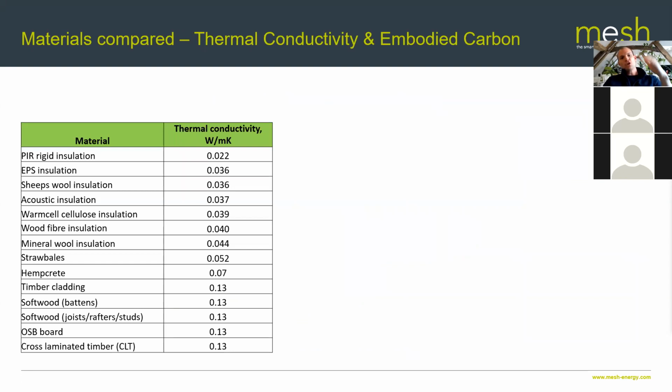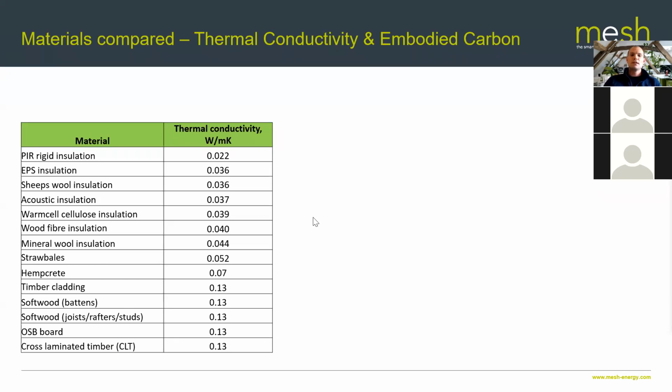And if you look at materials, and again, I don't want to get super lost in the detail here, this is showing you the general trends of materials. If you compare materials based on their thermal conductivity, this is the kind of list that you end up with. So you end up with PIR rigid insulation at the top, and then you've got EPS insulation, then actually sheep's wool, acoustic insulation, and as you go down, you get into woods and various things like that, which are more conductive of energy.